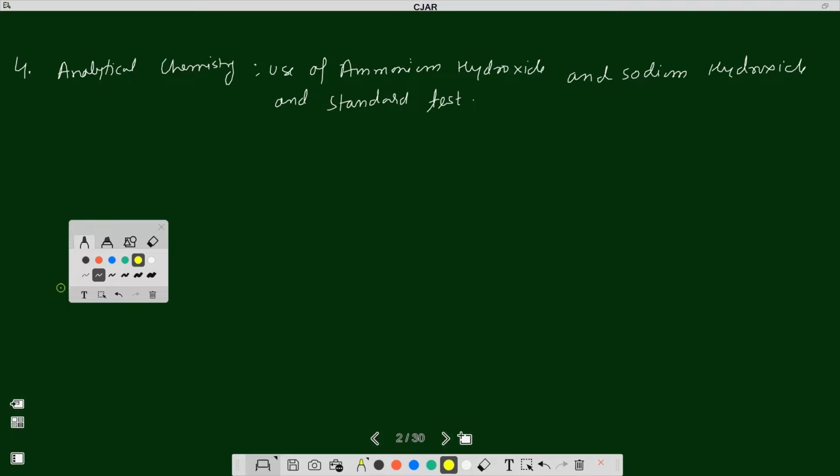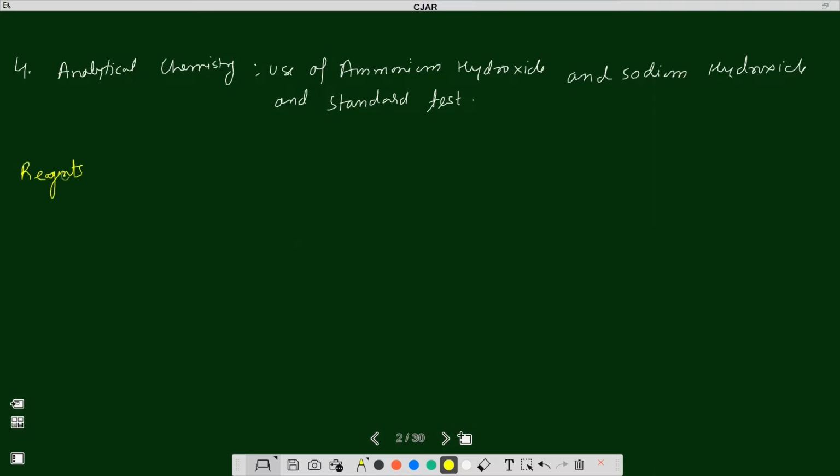So for that chemical test, we add some chemical species, and that chemical species is known as reagents. Reagents means chemical substance, you can say.